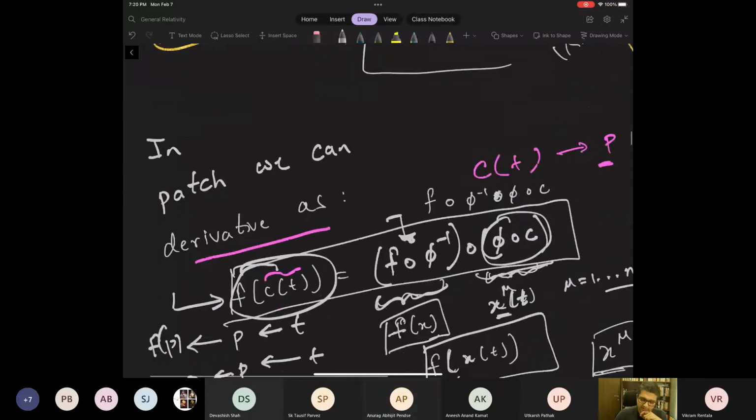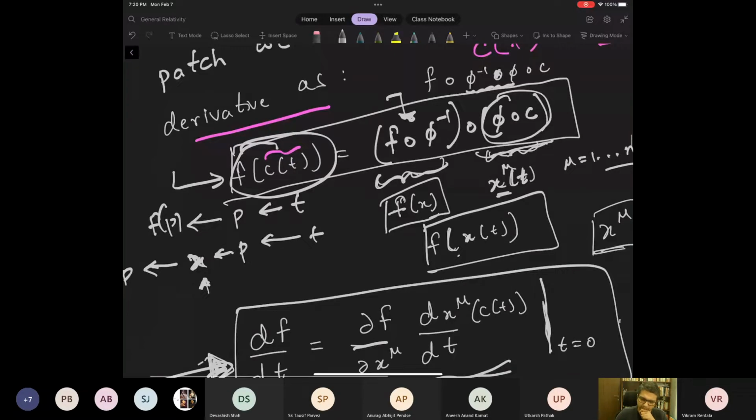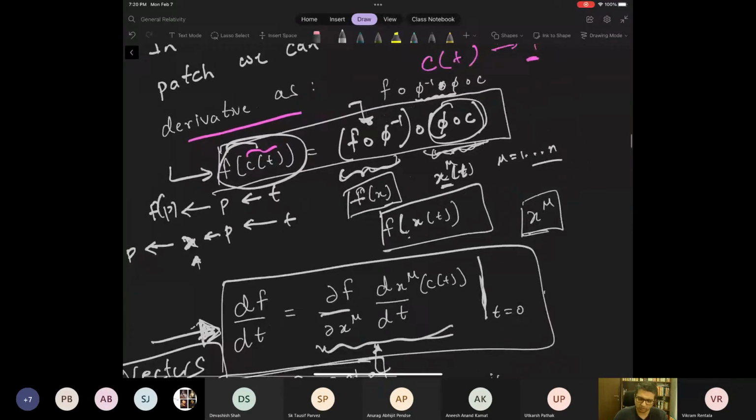The important point is that for phi and phi inverse to be defined, you need to be in a valid coordinate patch, which describes the points on the curve. Now this entire thing can be written as f of x of t. So phi circle C gives me this x of t, and f circle phi inverse gives me f of these points, f of x of t.